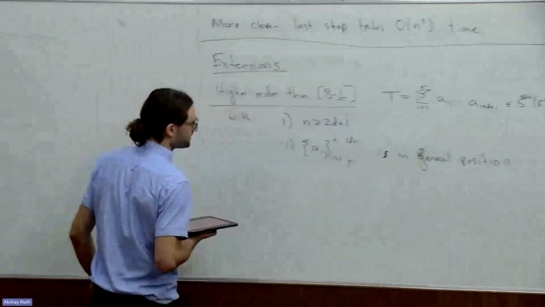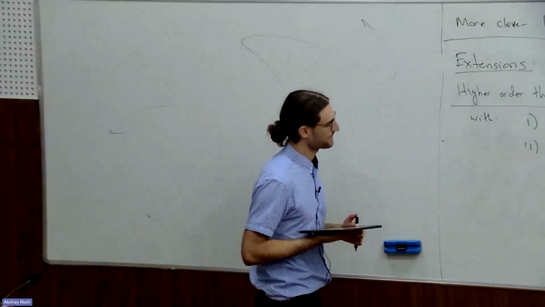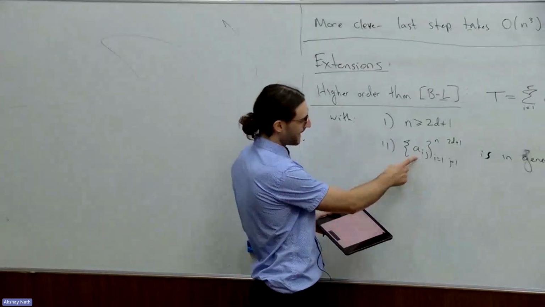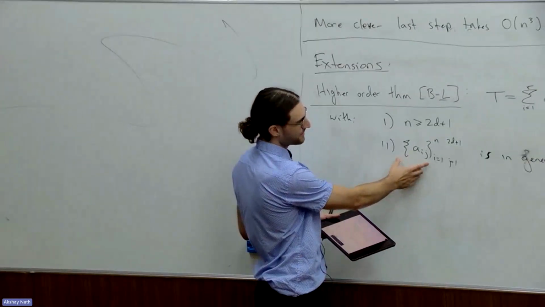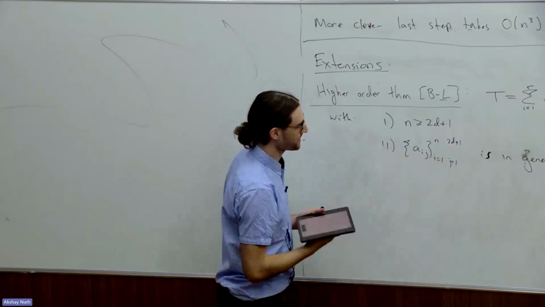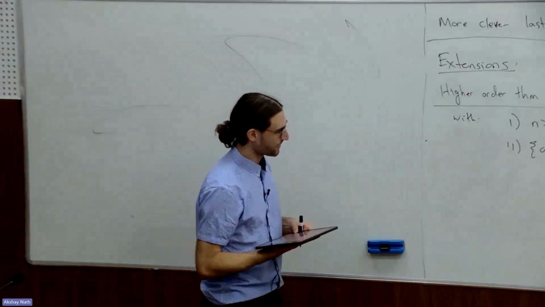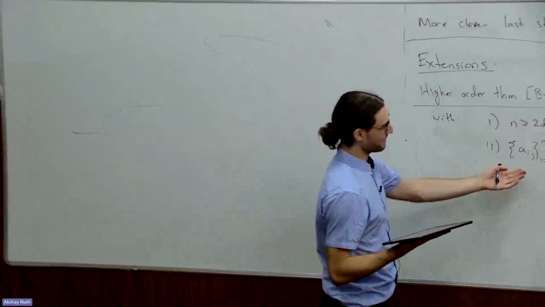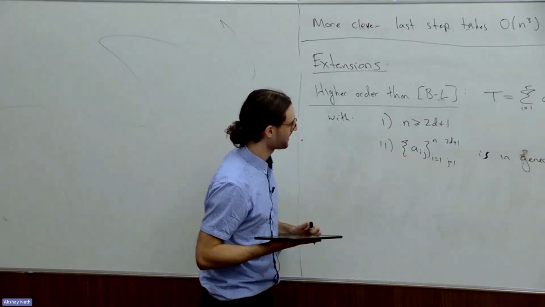General position means that if you take any subset of size n of these, they form a basis for C^n. They're sort of maximally linearly independent, even though they can't be linearly independent because there are more than n of them.